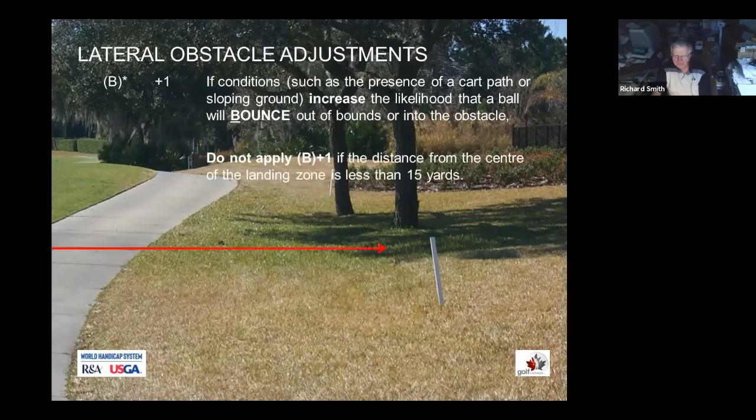And a note, we must not apply B+1 if the distance from the center of the landing zone is less than 15 yards. The point here being that at less than 15 yards, that column goes all the way down, even shorter than that, and the table value is the maximum value they want to see used as far as that is concerned.